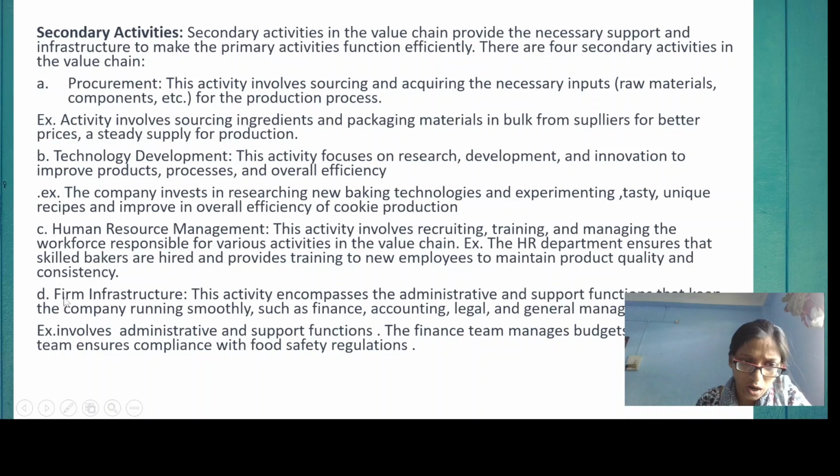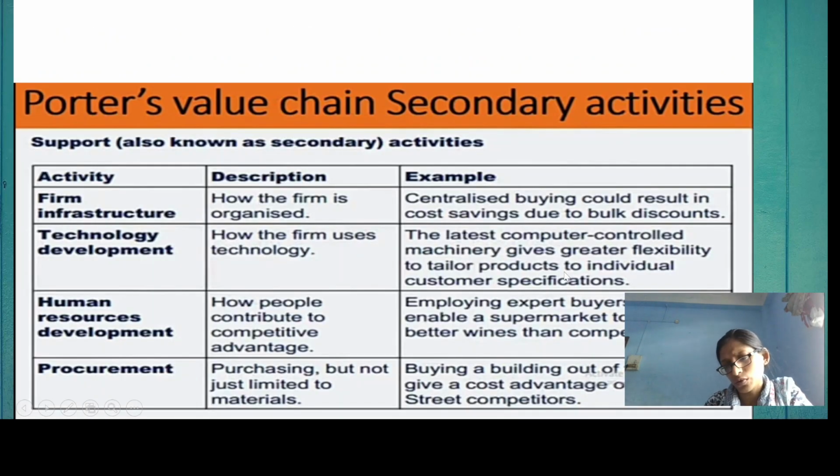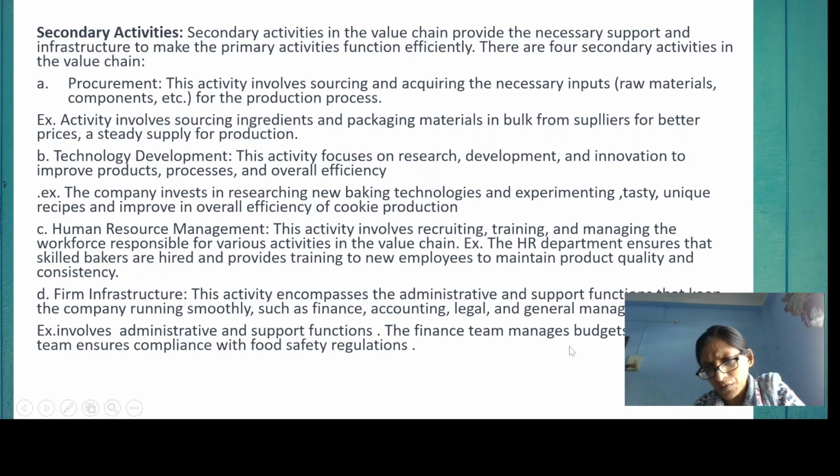Next, firm infrastructure. What is that? It involves administrative and support activities which are needed for running a company smoothly.